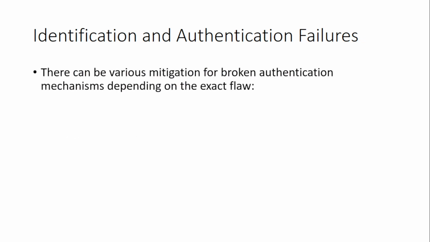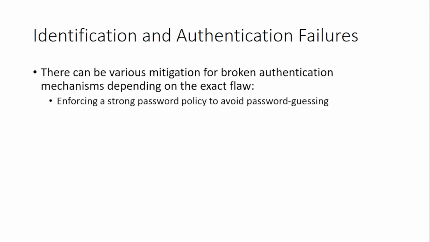There are multiple ways of mitigating broken authentication mechanisms depending on the exact flaw, like enforcing a strong password policy to avoid password guessing, or enforcing automatic lockout to avoid brute forcing. So for example, after 3 wrong attempts, they could automatically lock out the account.